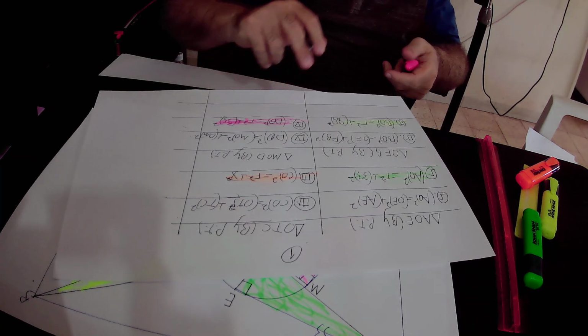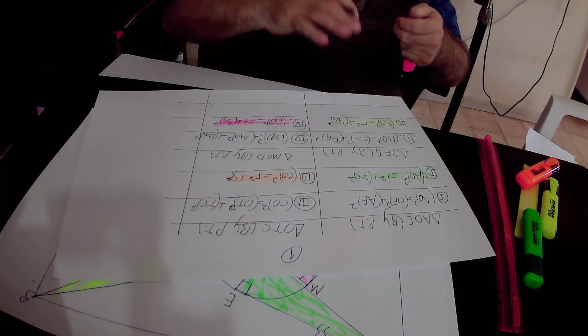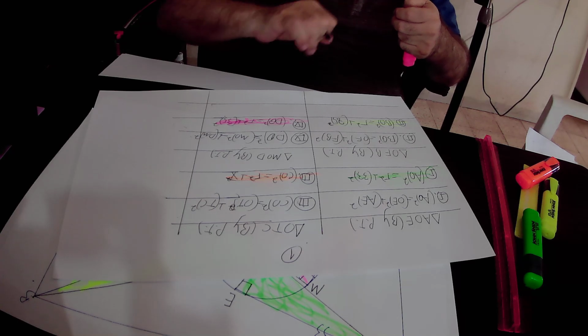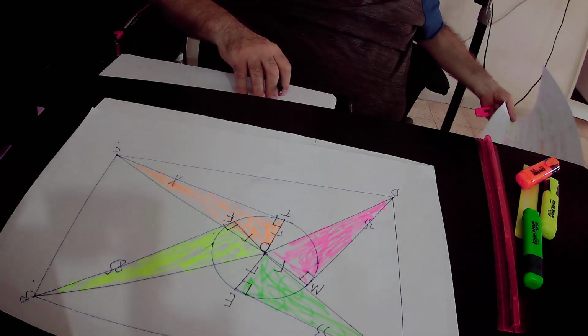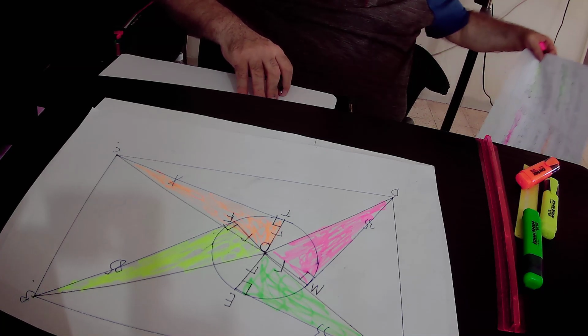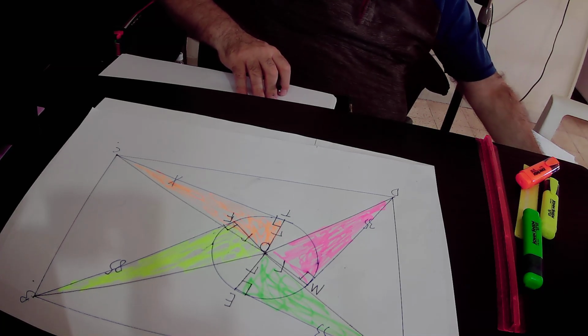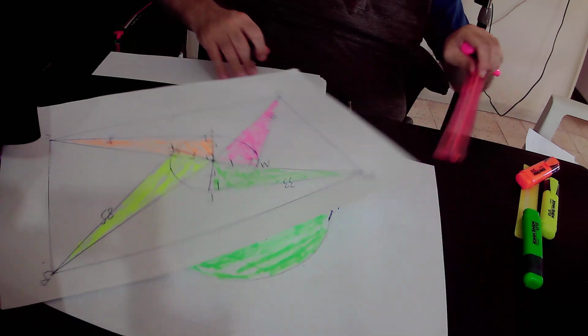In the next step, I will copy the 4 equations that we derived from the Pythagoras theorem in a new page. So here we have equation number 1.